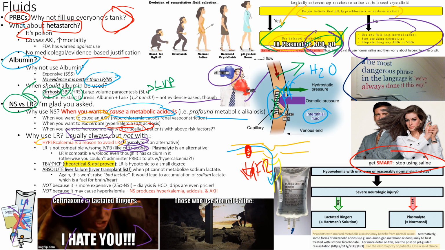And then LR is compatible with blood, technically. In some trauma literature and recent findings, they found that NS is not the only fluid that's compatible with blood, LR is also. So they're saying, well, if you give LR and it has calcium in it, the calcium can activate the coag cascade, and you're going to clot the RBCs on the way in. But the RBCs have a preservative in them, EDTA or calcium citrate, right?